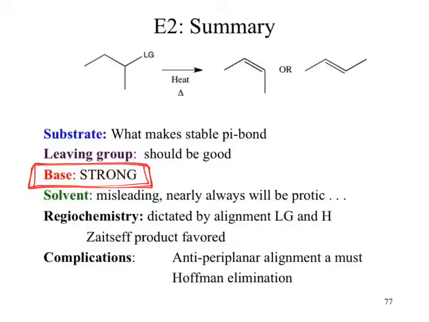So this can start to form less substituted products, or anti-Zaitsev products, because of that anti-periplanar alignment, things that appear to go counter to Zaitsev. We'll talk about Hofmann much later in the semester, which is only like 3 weeks away, so don't stress about the Hofmann elimination now.